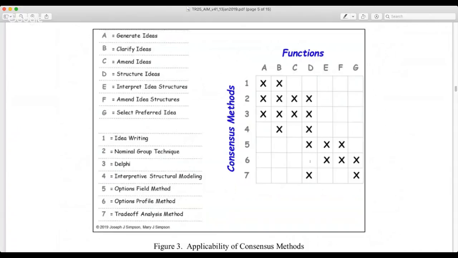And when I was looking at this, of course, I was thinking that especially with the Delphi technique, where you have folks that are distributed, they can't be in any one place and they're not identified, they're anonymous, they could actually be part of a local ISM if the ISM group itself was viewed as the administrative group.